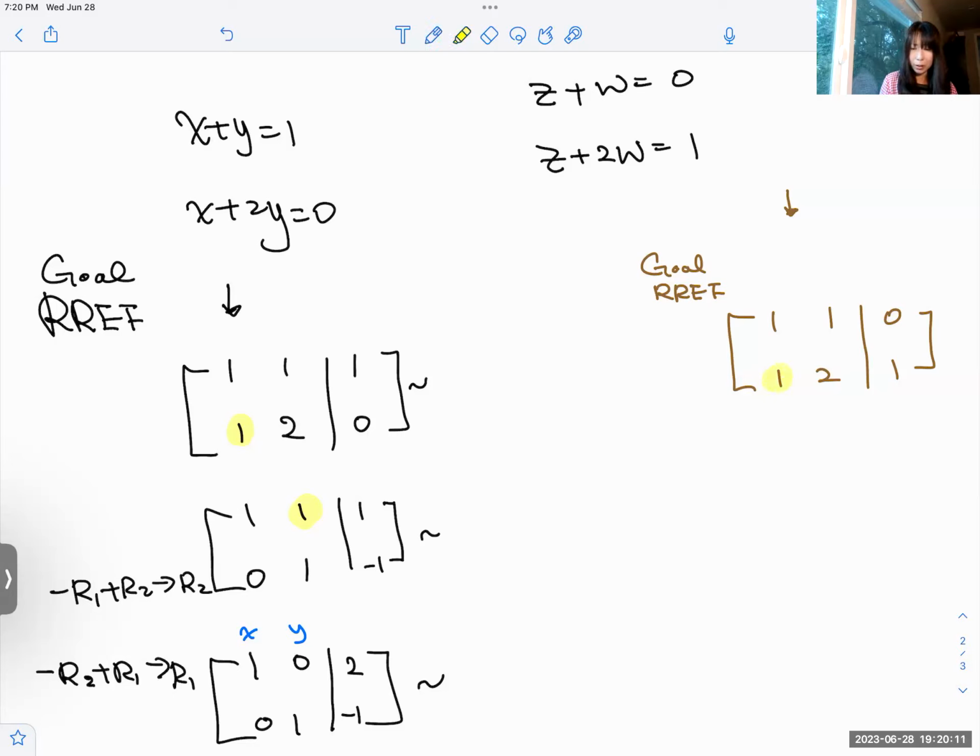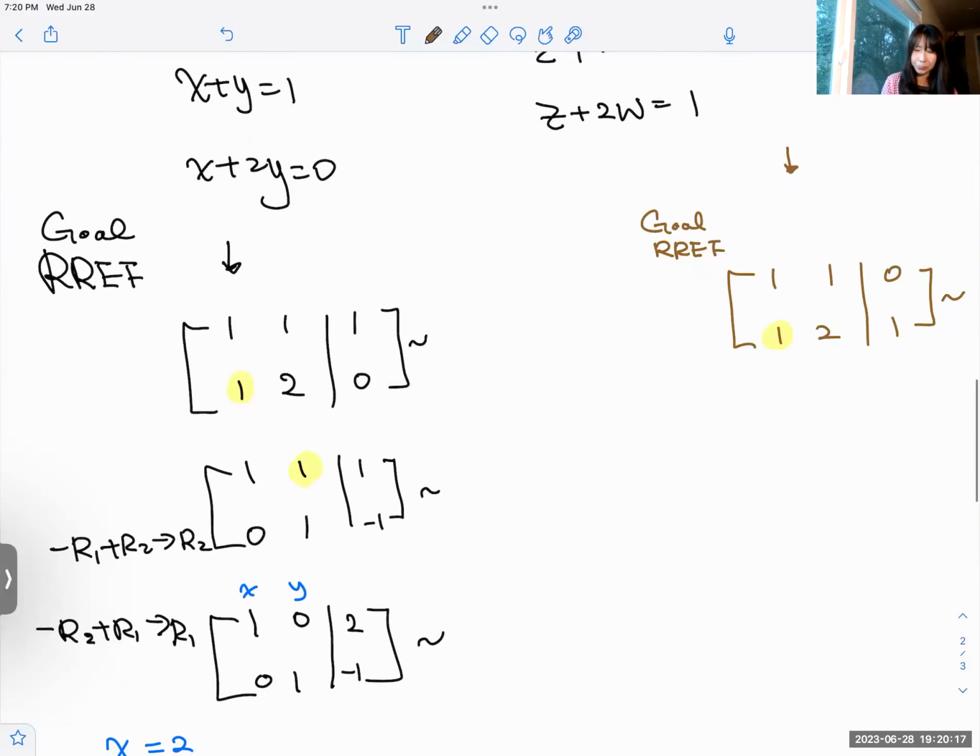So negative R1 plus R2 replaces R2, right?